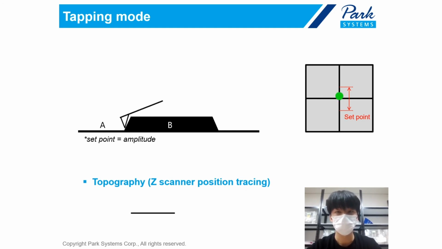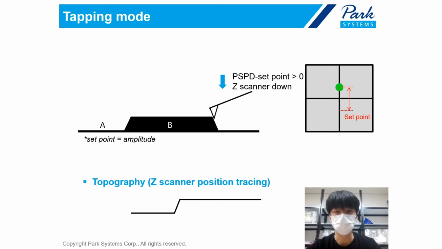So now we all know the feedback brings it back to the set point by adjusting the z-scanner upward. In the opposite situation at the downhill, the amplitude gets bigger due to the increase of the tip-sample distance. So the scanner moves down to bring the current amplitude to the set point. So it draws the topography like this.